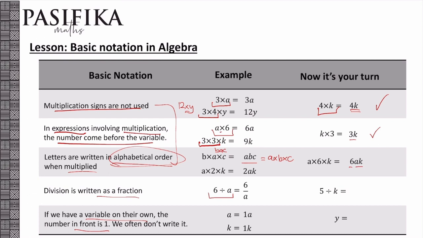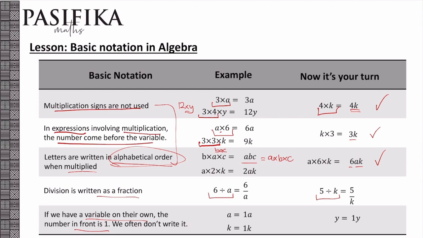Number first, alphabetical order, no multiplication sign. You're learning really fast. Well done. 5 divided by k can be written as 5 over k, or 5 divided by k. And then y is actually 1y. Remember, we're very efficient, so we don't write it.